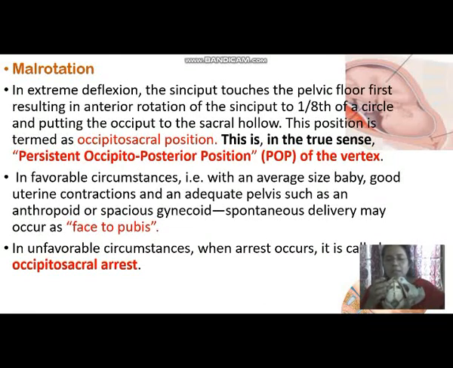You can see from this it is delivery like a face to pubis. It is facing to the pubis. In unfavorable circumstances, the arrest occurs. If it is a favorable circumstance, then face to pubis delivery occurs. Otherwise, if it is an unfavorable circumstance, the arrest that occurs is called occipitosacral arrest.